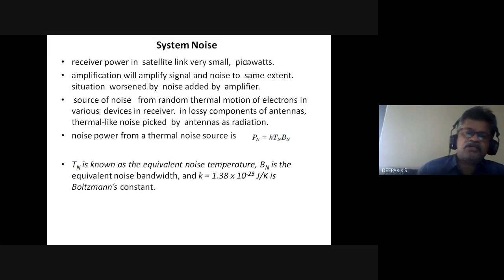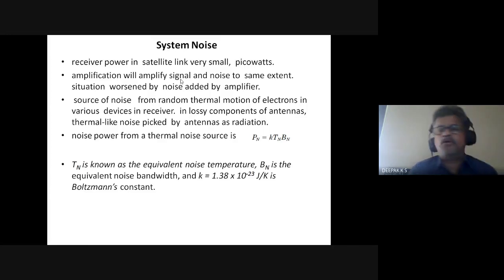The natural thing is you will amplify this. Here, the noise will also be amplified to the same extent. Again, this amplifier will introduce some noise that will worsen the situation. So, normally the term used in the front end is low noise amplifier. So, you have a low noise amplifier. It is very significant because of the very weak signal which we receive.